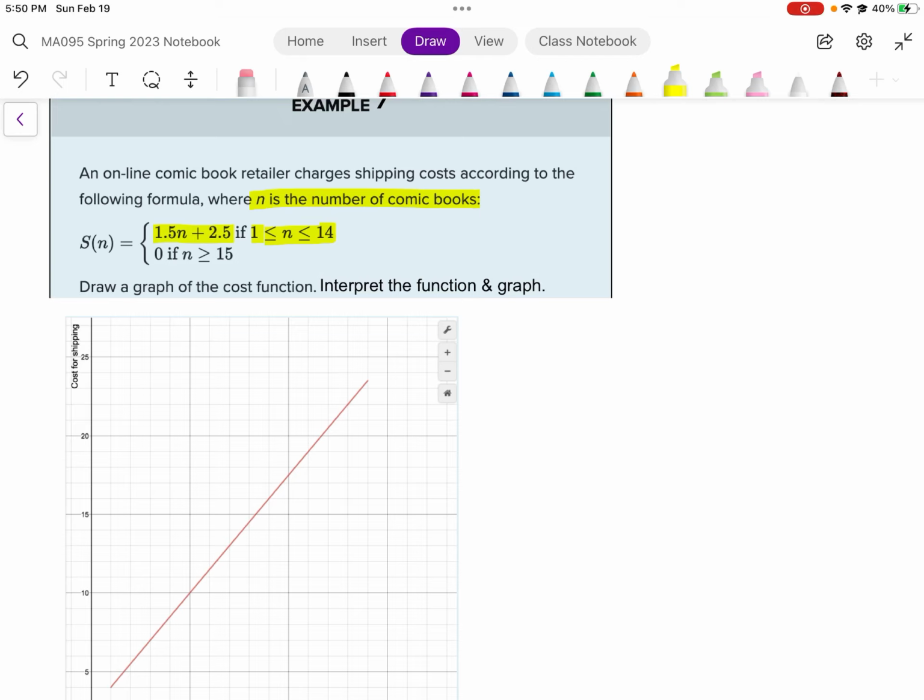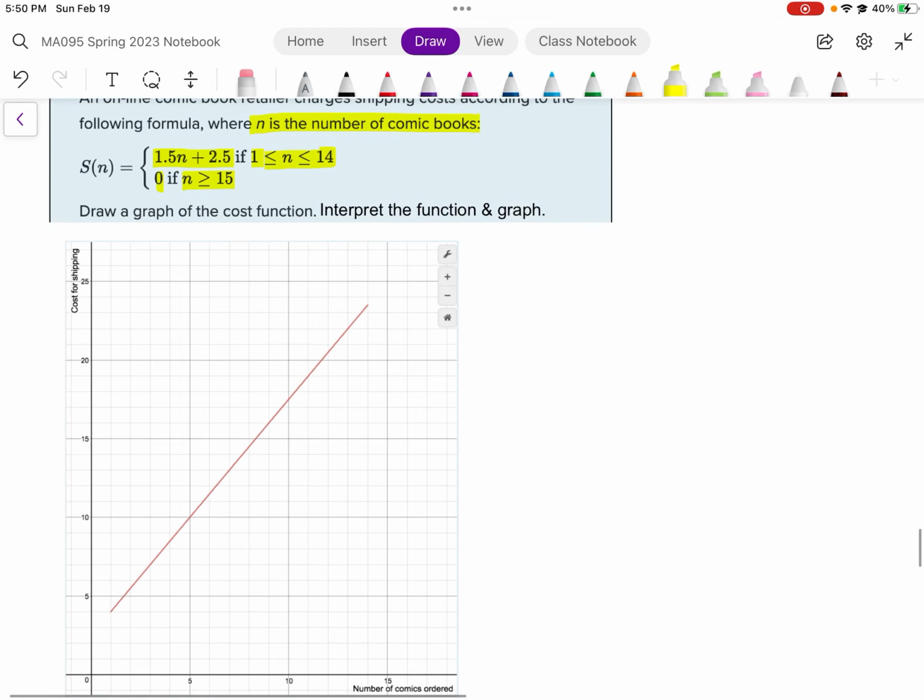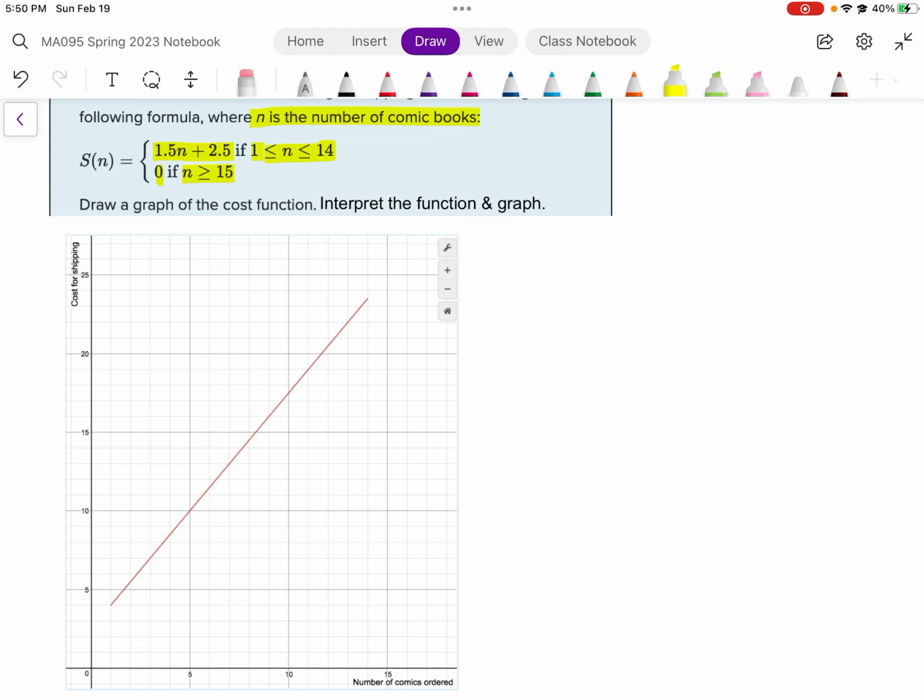If they buy 15 or more, they don't have to pay shipping. It's free. So this line must start at 1 because you don't buy 0 comic books. And then it goes from 1 up to 14.